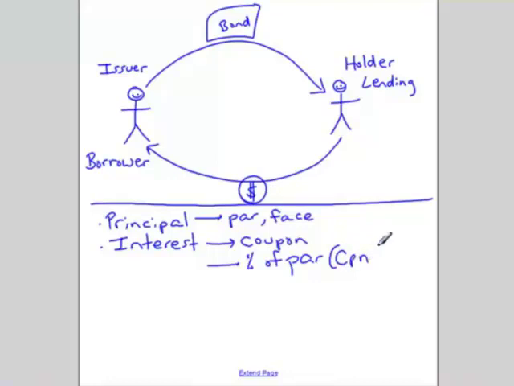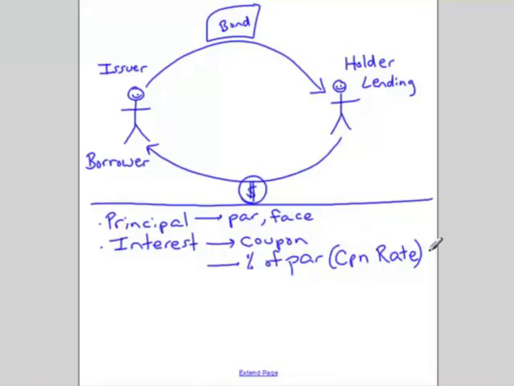CPN is short for coupon rate. So for instance, the principal, par or face value amount may be $1,000, and the coupon payment would be, let's say, $100. That would be a 10% coupon rate. 10% of the $1,000 would be a $100 interest payment. That would be the coupon payment.